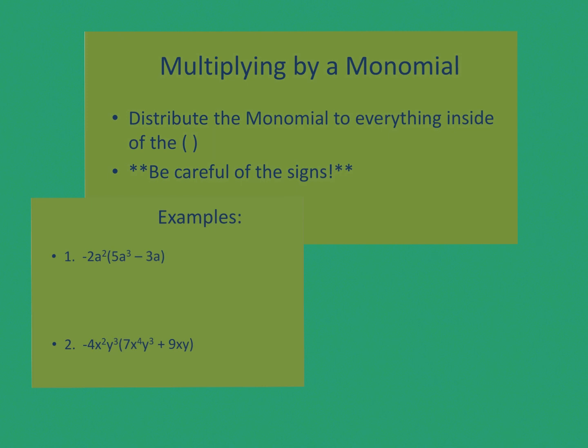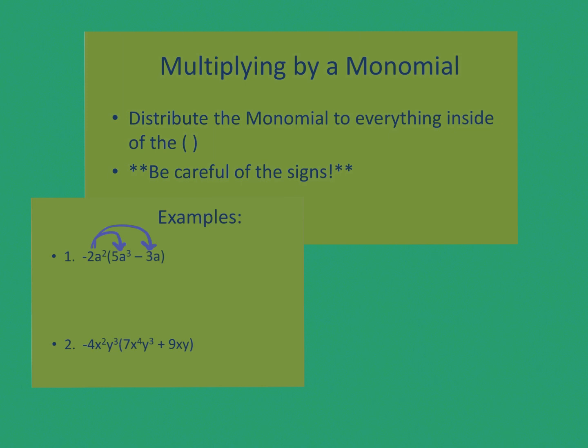We'll start with the first example. We have negative 2a squared, that's our monomial, and we're going to multiply that with what's inside the parentheses, 5a to the third minus 3a. Inside that parentheses is, hopefully you said, a binomial. So we're going to take this monomial and distribute it to both of these terms.